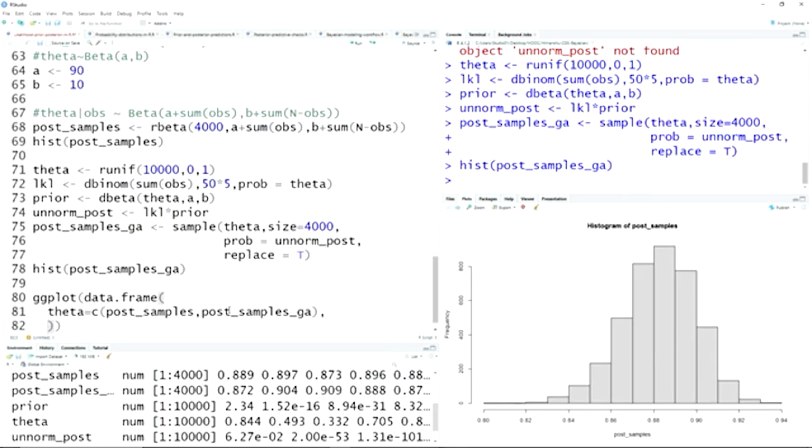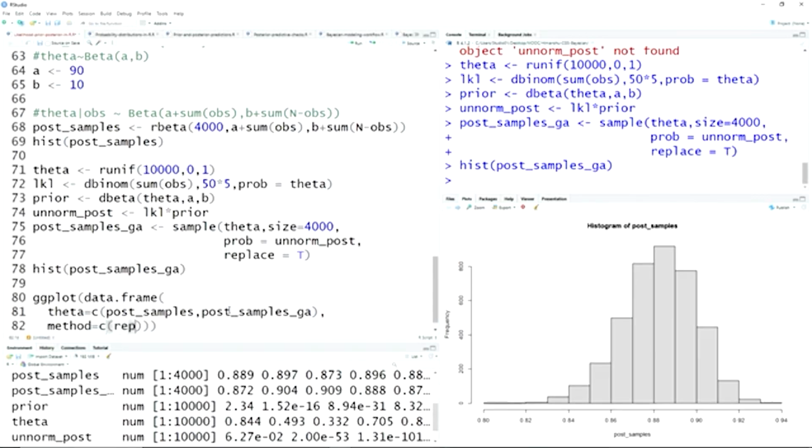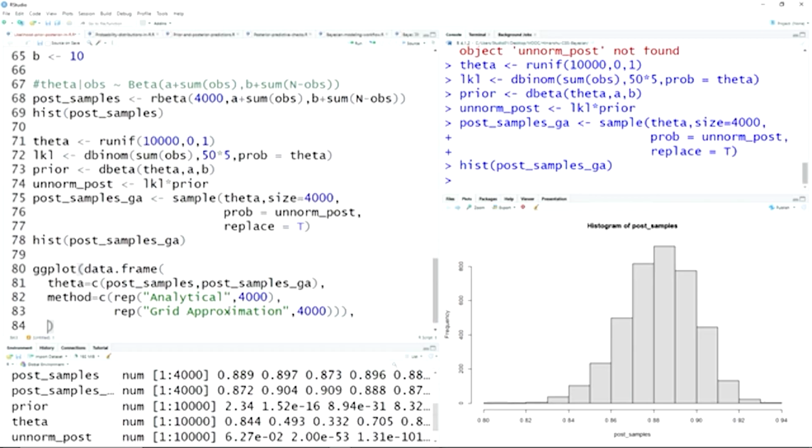And then you can say method. So the first one is analytical, and repeat this 4000 times, and the second one is grid approximation, 4000 times. So now this is your data frame.